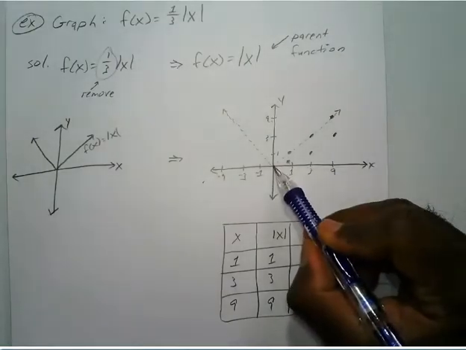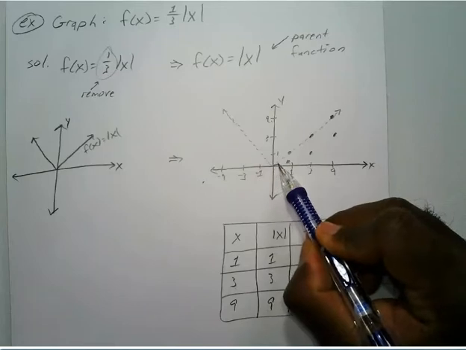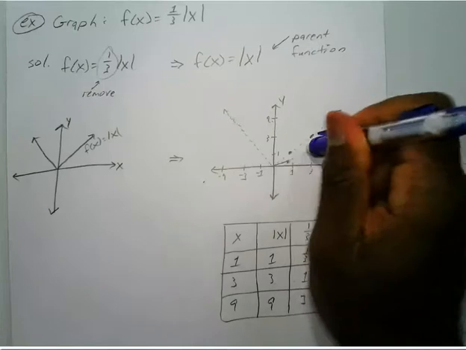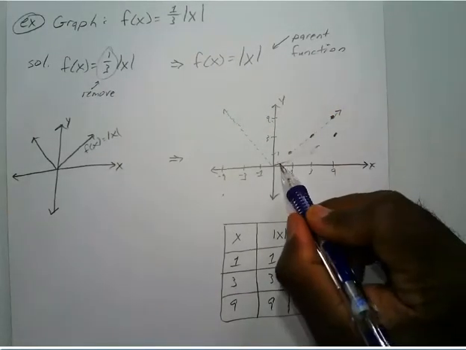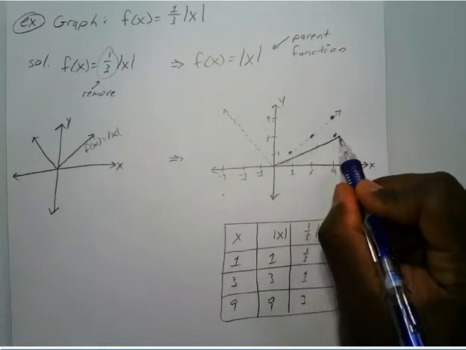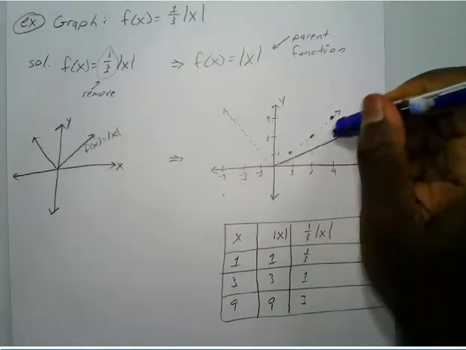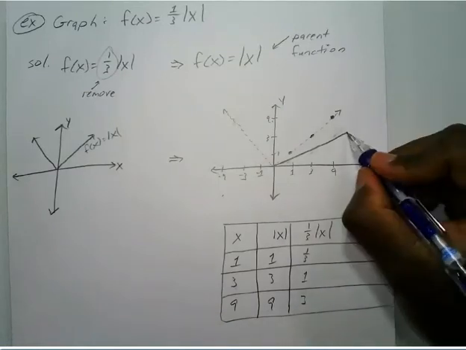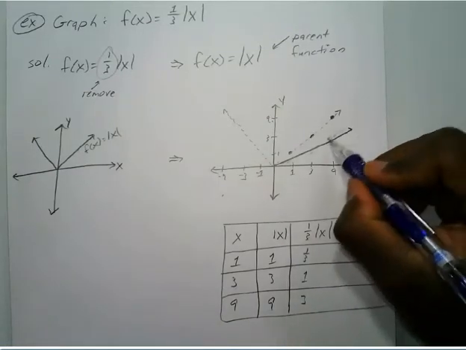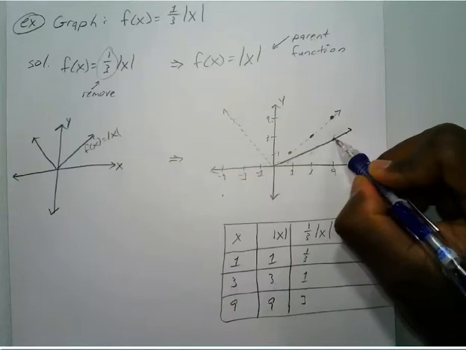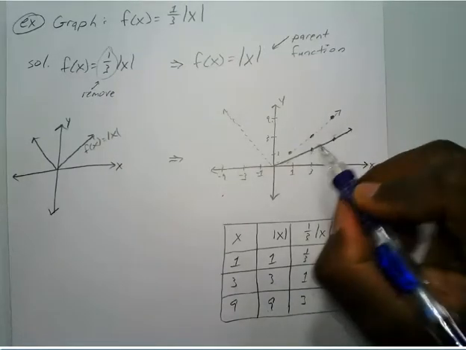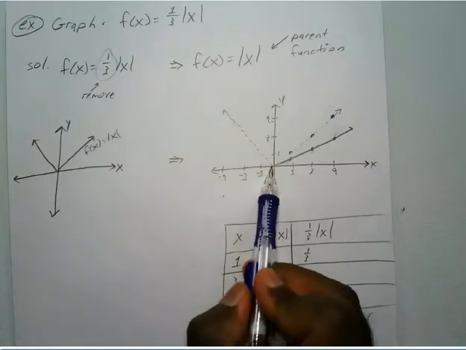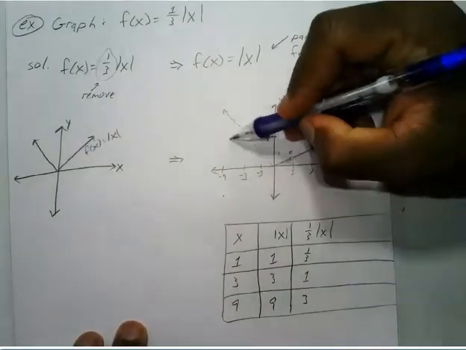Okay, so now this graph has shrunk. I drew my little dots here, but hopefully you get the idea. So you have this one, and this one, and it will be the same thing for the negative values.